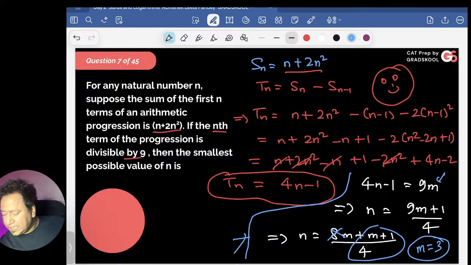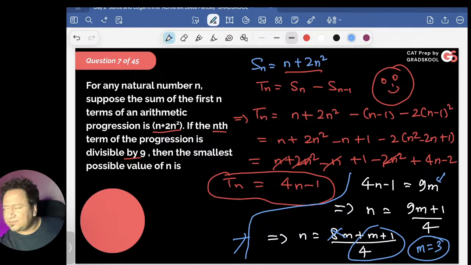Whatever is written as 9m plus 1 upon whatever you have to divide by, break down the numerator as much as you can. So in 9m plus 1, I took out from 9m all the parts that could be divided by 4. This way our work becomes very easy. Otherwise, you must have sometimes confronted this kind of situation and might have used trial and wasted 30 seconds, a minute, or 2 minutes to solve it.